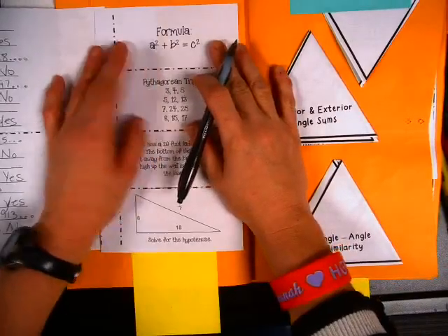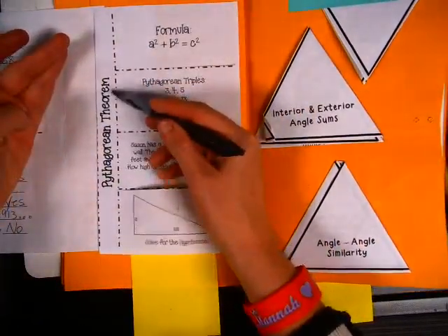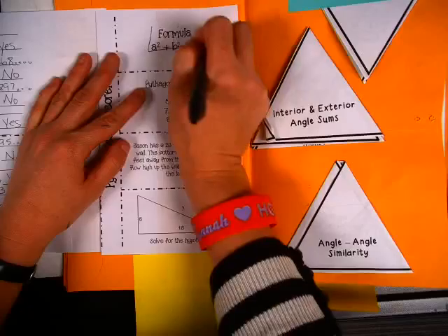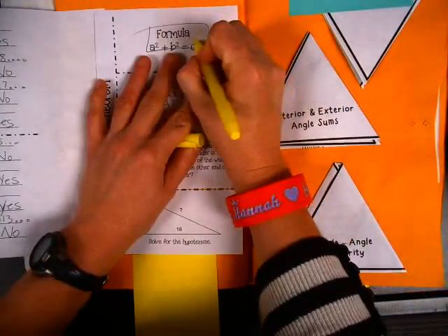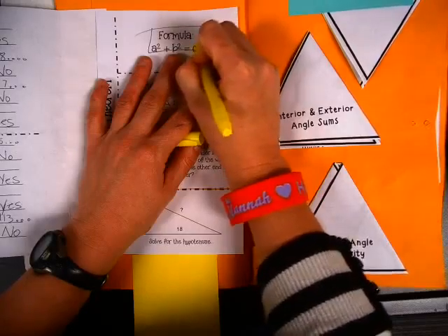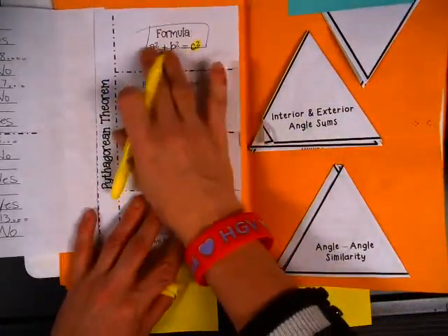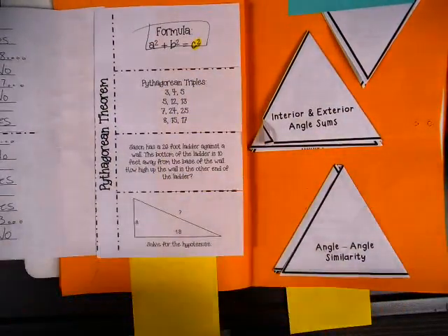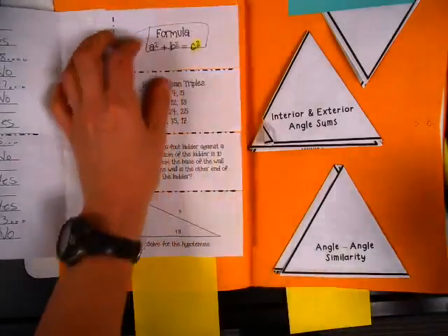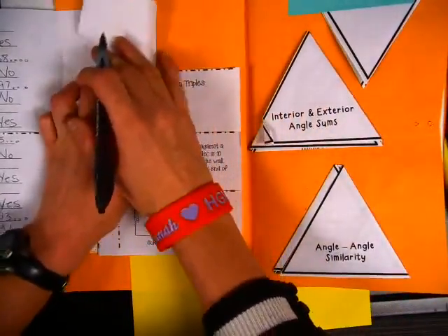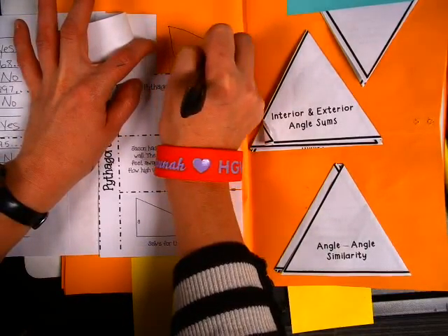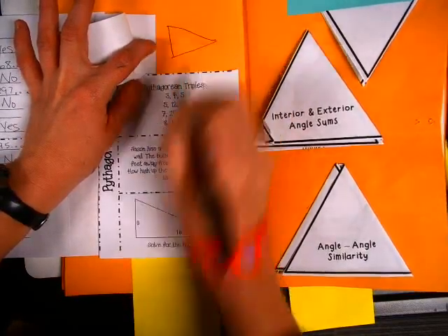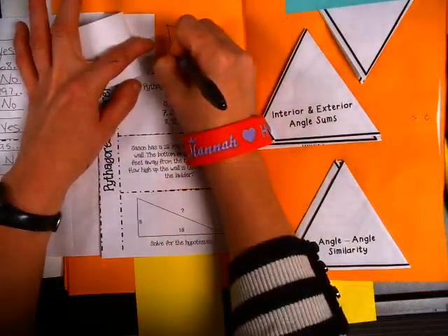Okay, Pythagorean theorem. Alright, here is Pythagorean theorem. The only part that's very, very important is that you recognize C is on its own side. A and B, remember, it doesn't matter. Now, I want you to flip open and draw a right triangle, because remember, Pythagorean theorem only works on right triangles.